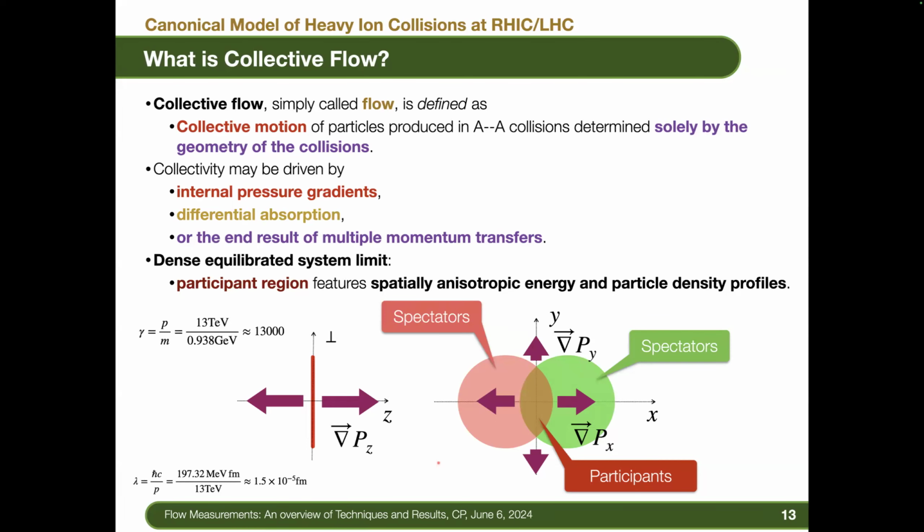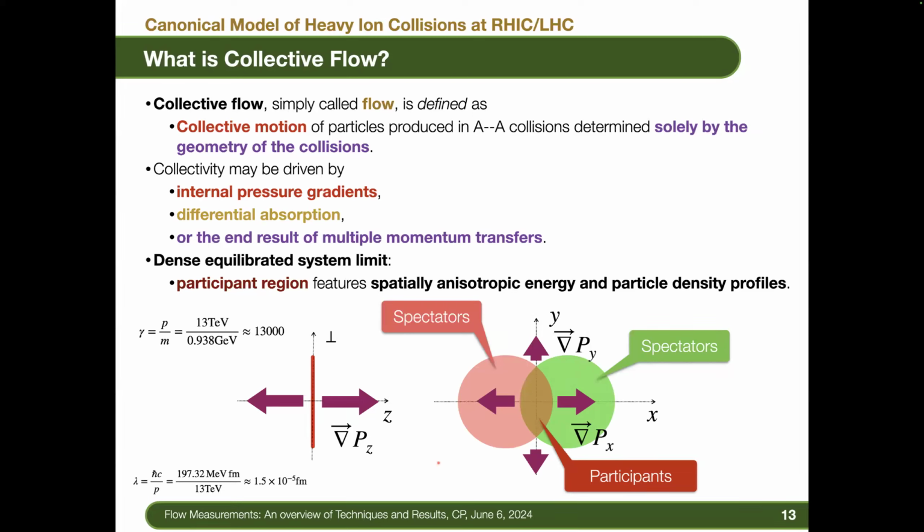This is a definition. This is how we define the notion of anisotropic flow or collective flow. As I've already alluded to, this collective flow or this collectivity is driven by the internal pressure gradients present in the system as it is created by the collision of nuclei. This is one source of collectivity.